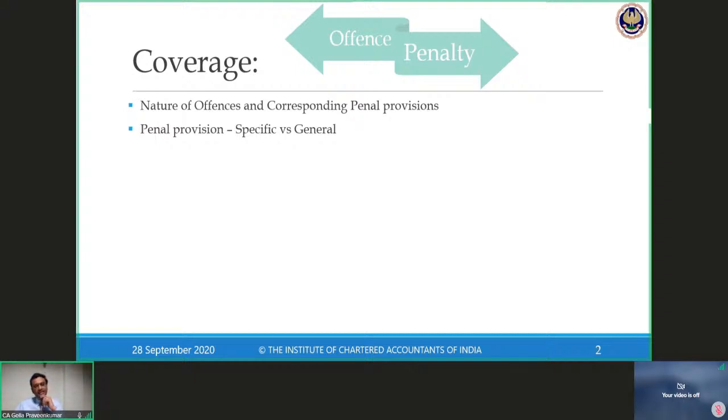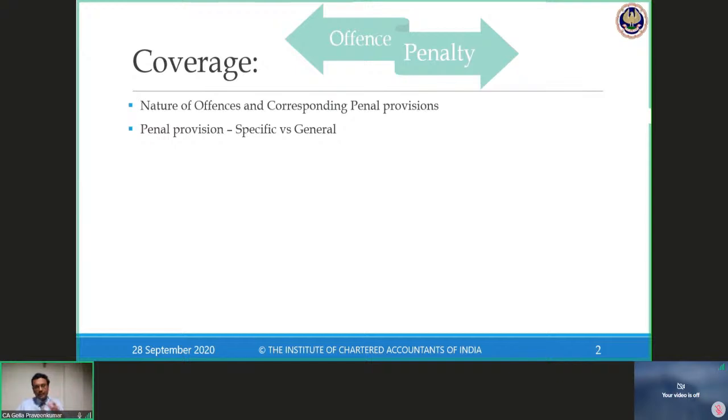We will see what penal provisions are specifically explained and what penal provisions are generally explained. Given any business transaction, whether the penal provisions straightaway cover that transaction, and if there is no scope or no clarity with respect to it, is there a general provision in relation to that particular non-compliance or offence, we'll have an understanding.